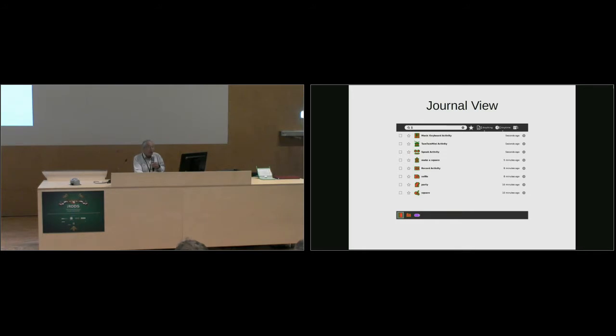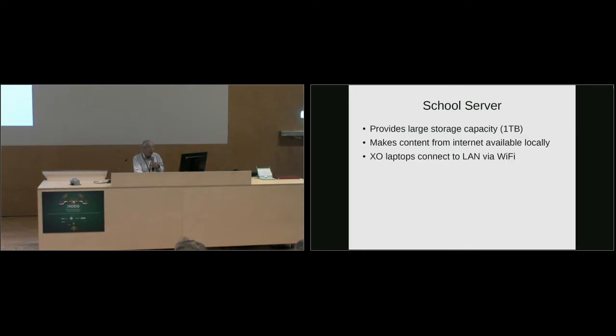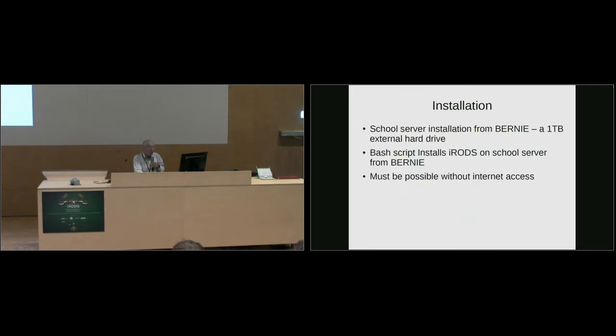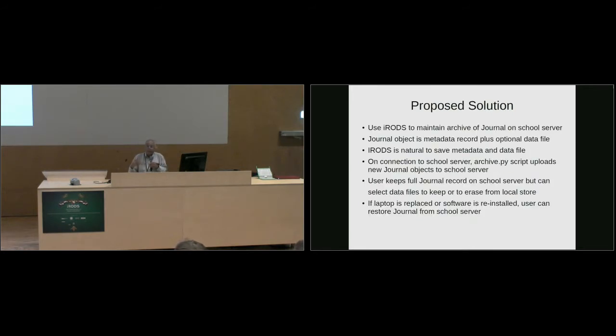But that's important in this project because what we want is that when the browser is going through all of the objects, if the user has clicked on that star, making it clear, that means they want to delete that object from their local store to free up some space.